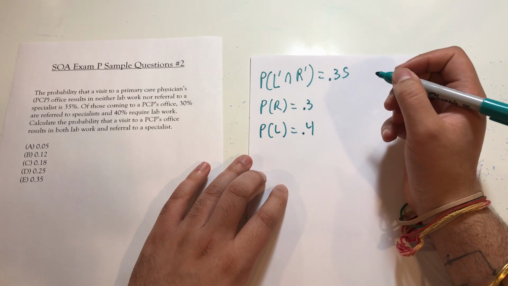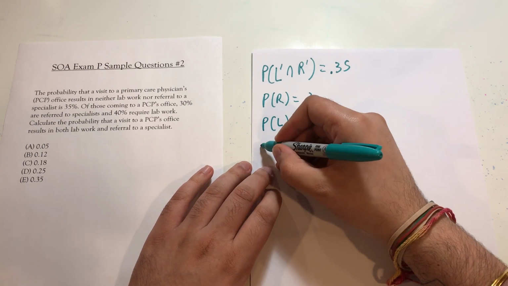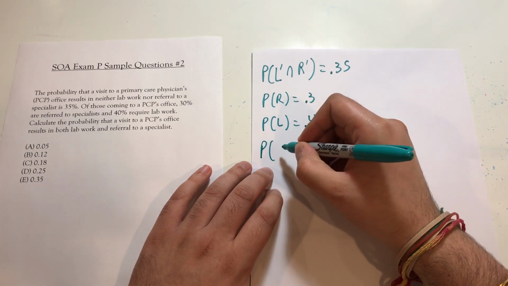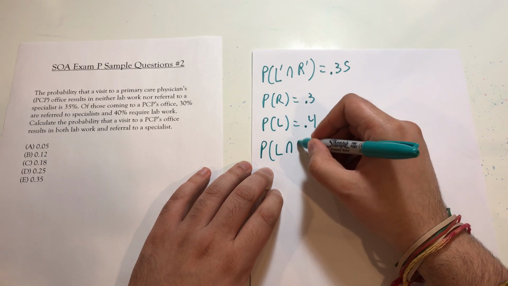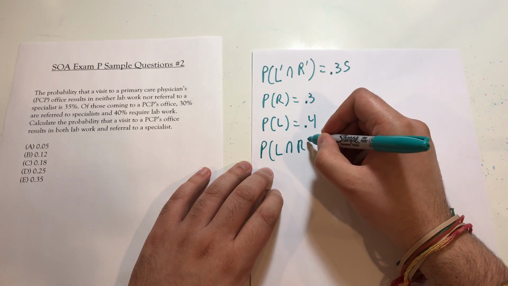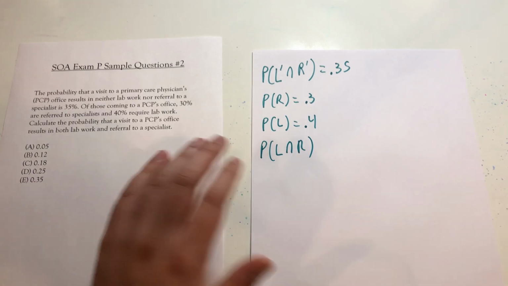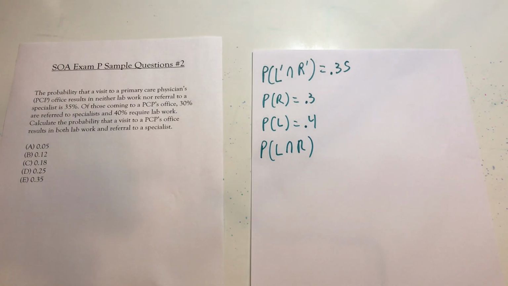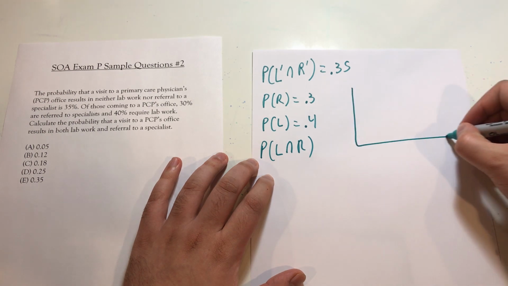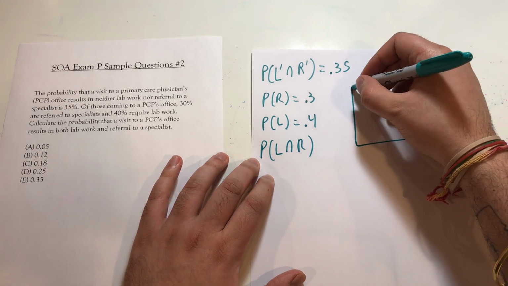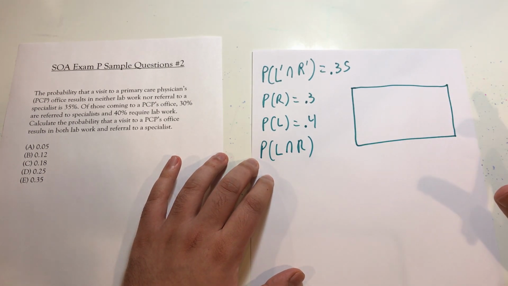And what we're looking for is the probability that somebody requires lab work and needs to be referred to a specialist. All right. Now, drawing that out, you have a few options. So here's my Venn diagram. Here's everyone that essentially comes into the office.